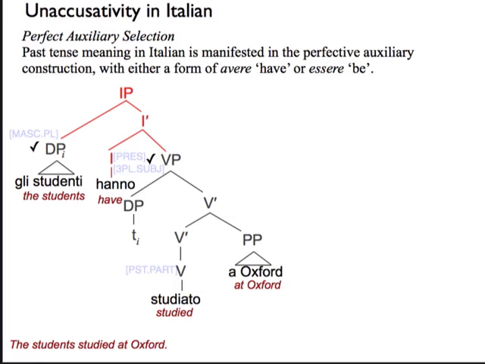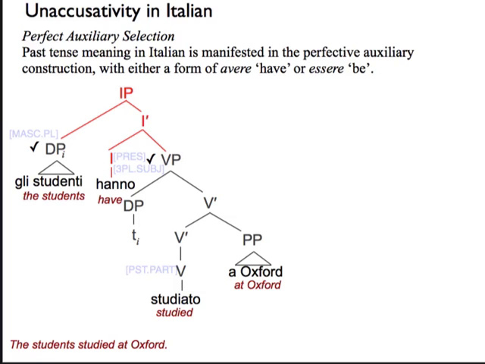It can be either one. So we've got here the students studied at Oxford, and we've got an auxiliary to indicate past tense, but we use the auxiliary have. And the reason is that study has an agent argument, and the agent argument is stuck in by the default rules.